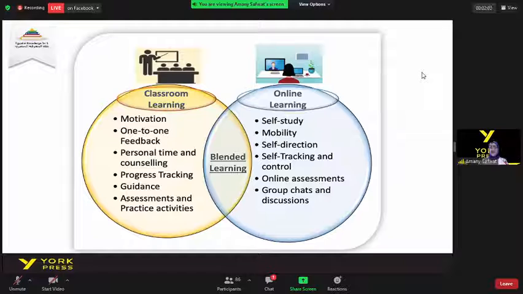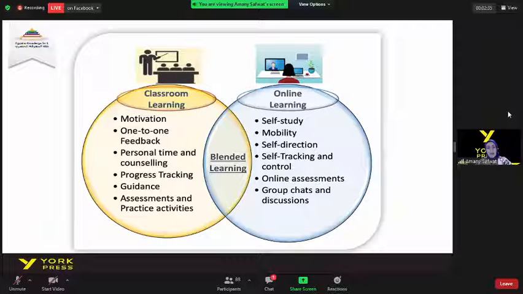If you have a look at this shape, it is a summary of blended learning. So first of all, we have classroom learning. What is special about classroom learning? We will find that it's very important for motivation because we are face to face with our students and we are encouraging them, motivating them. It's so easy to do this.